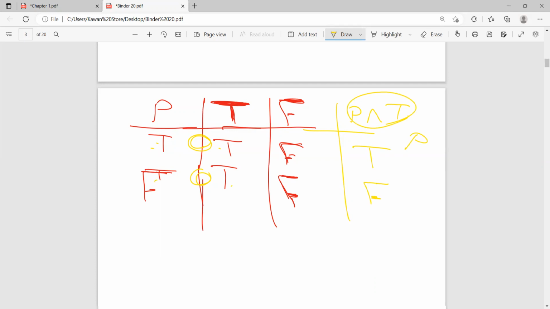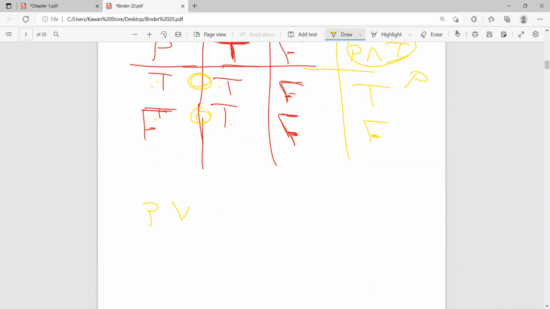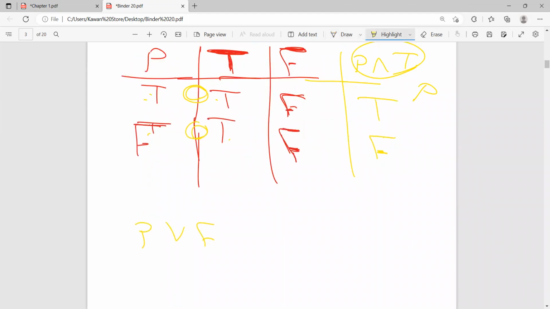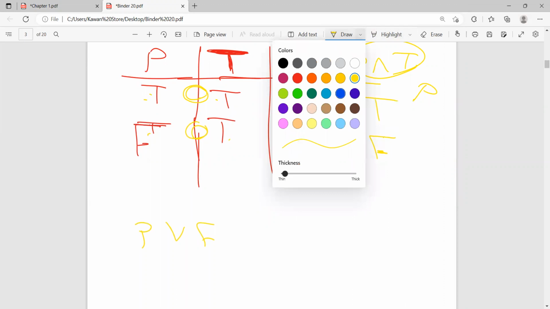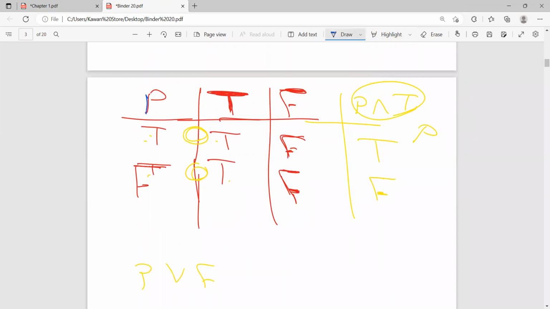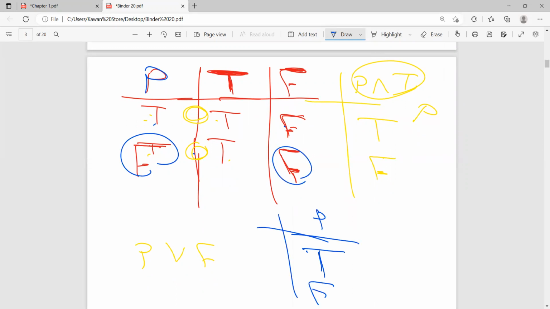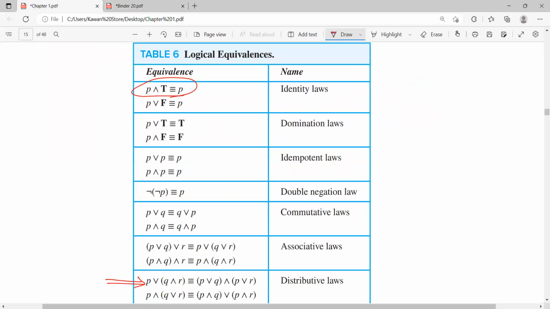So how about P or false? Look. P or false. So true, false. False or false. So it is what? It's P itself. Now I think you got all of them. Am I right, dears?